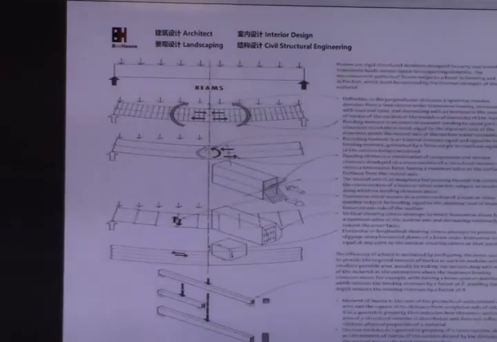You see here, this is a beam. The beam reaction is the same as the column, right? The column is vertical, the beam is horizontal. So if you lay down the column, it is a beam. It's easy to read. So this is a reaction for the beam.